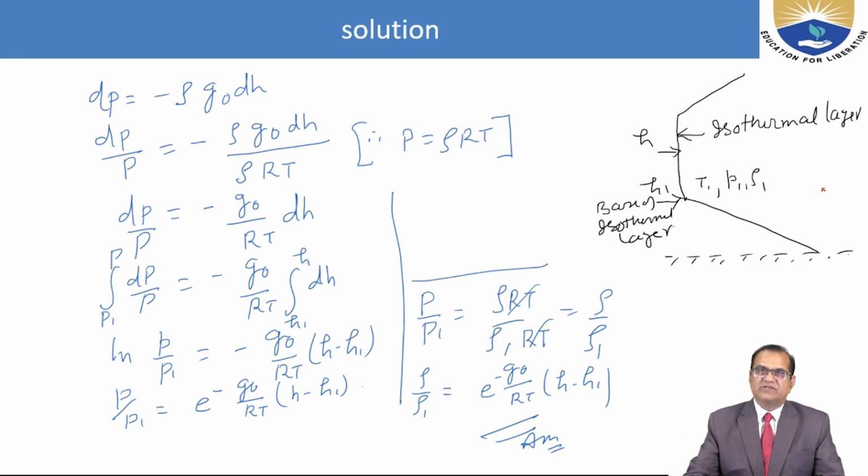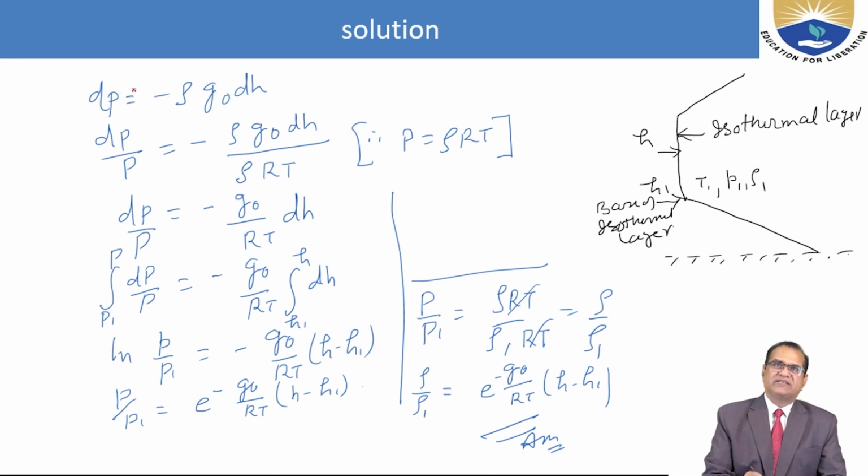Now we should see that the change in pressure is dP equal to minus rho g0 dh, and we know that P is equal to rho RT. If you divide dP by P, we get minus rho g0 dh divided by rho RT, and rho and rho cancel.